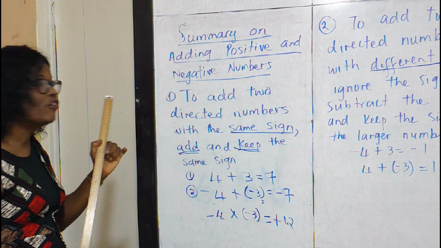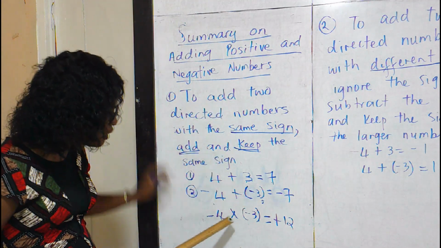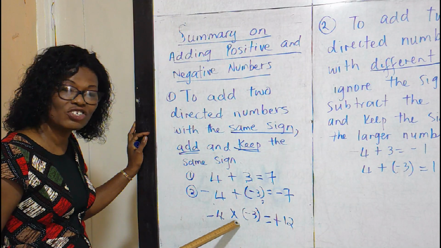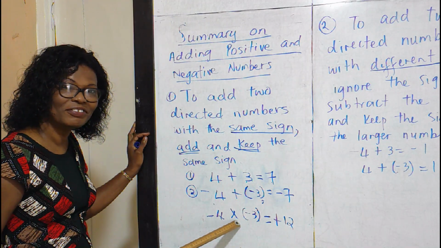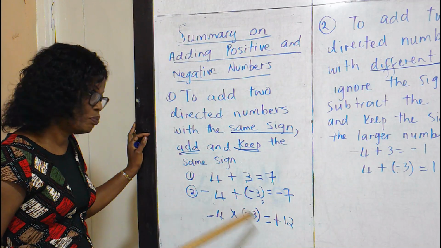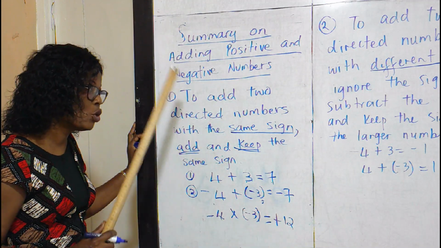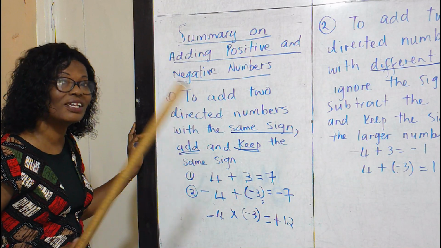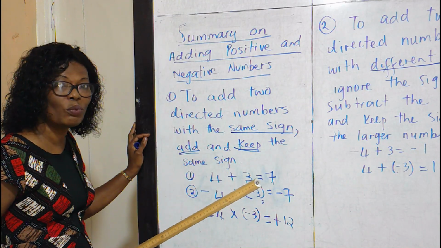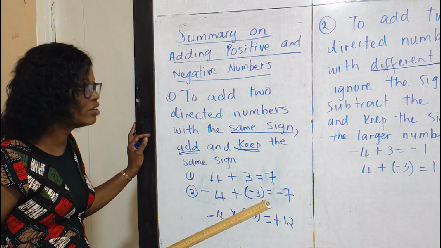So the rules for addition are different from the rules for multiplication. Many students make this mistake in exams, so please remember, because we are now learning these rules without using a calculator. And that speeds up the process when you are doing your calculation.